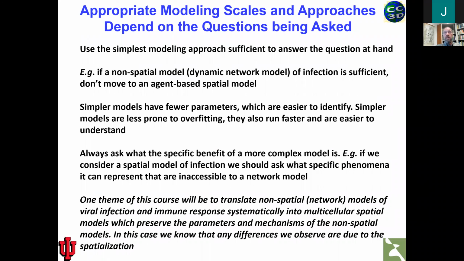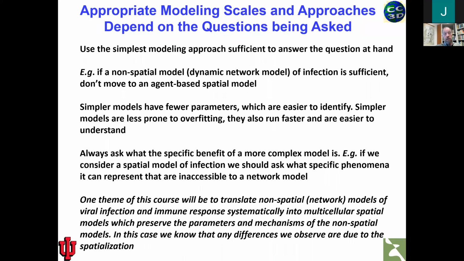So the key thing when you're going to build a model is to think about what scales and approaches are appropriate. And that's going to depend on the questions that you want to answer. In general, you want to build the simplest model that answers the questions you're focusing on. You may not know what's the most appropriate or simplest until you try it.